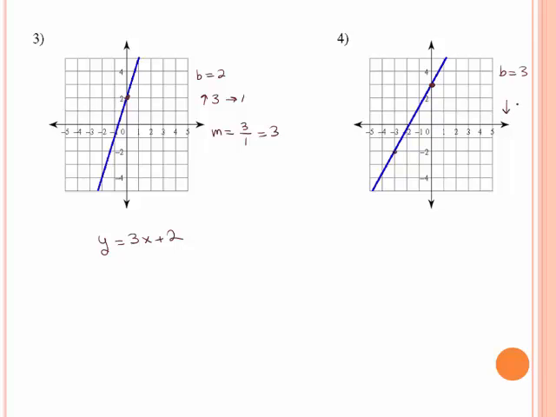So I've gone down 5, and then back 1, 2, 3. And since down is negative and back is negative, this is going to give me a negative over negative, which is a positive. So I'll have positive 5/3. So I get y is equal to 5/3 x plus 3.